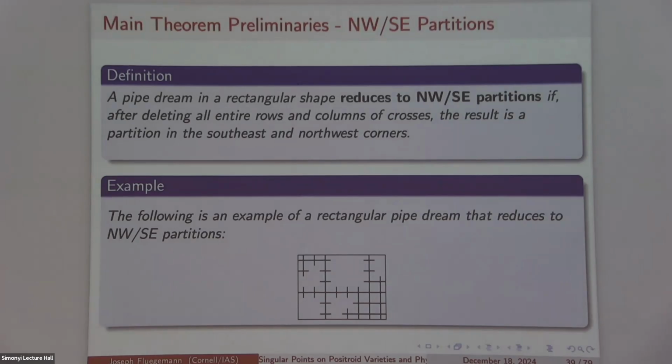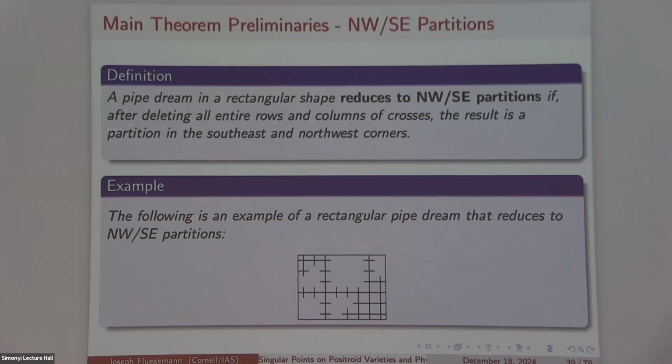Okay, so now that we know how to look at a Positroid variety pi f at a point lambda and determine if that point is smooth or singular, I'm going to give you a way to look at the affine pipe dream and determine very quickly and easily whether it corresponds to a smooth or singular point.